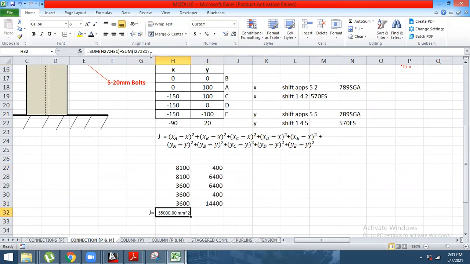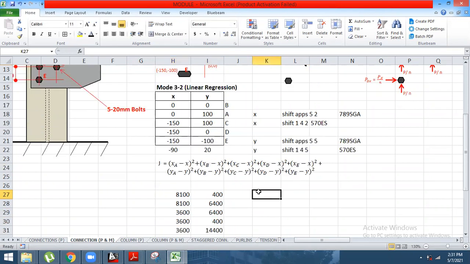But through calculator, we can already get the value of J. Sige ha, input ko sa calculator guys: 0, 0, negative 150, negative 150, negative 150. Then for y: 0, 100, 100, 0, then negative 100.